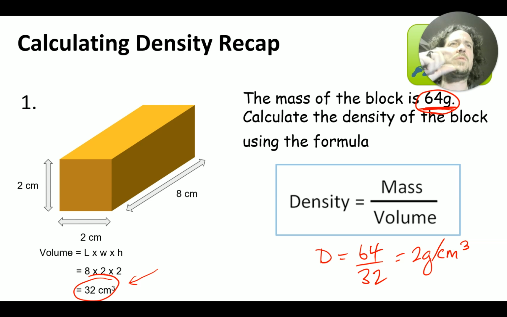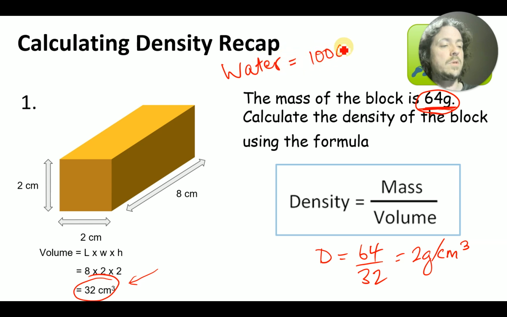And what that basically means is, if you have a cubic centimeter of this material, whatever it might be, then it would weigh 2 grams. To give you some perspective, water is equal to 1,000 kilograms per meter cubed.